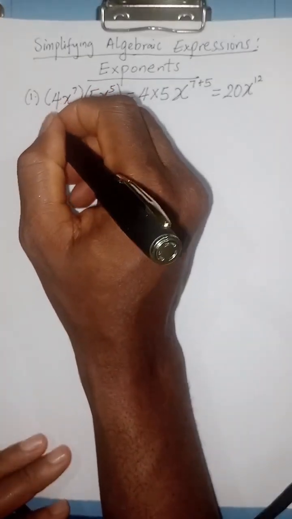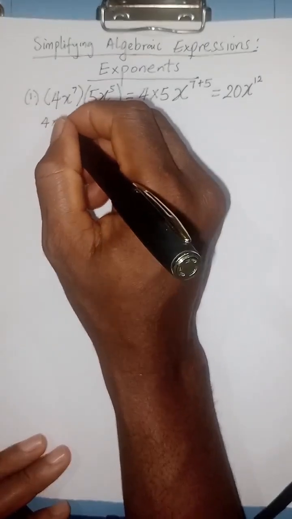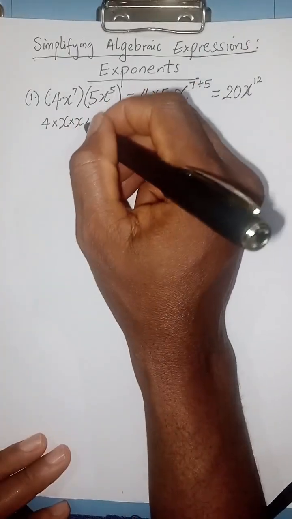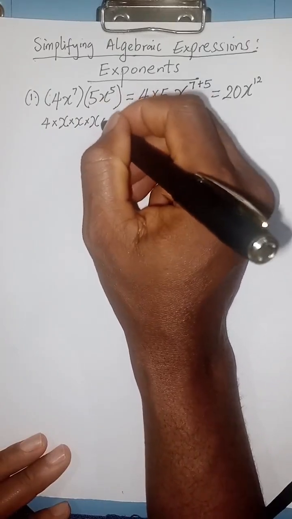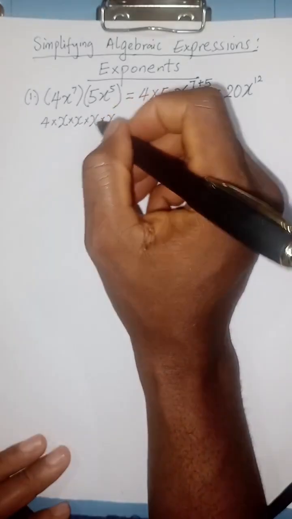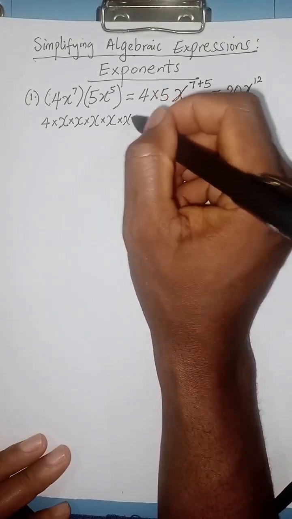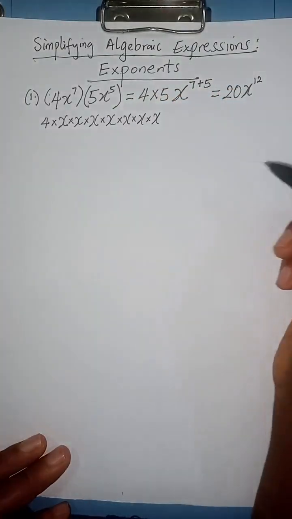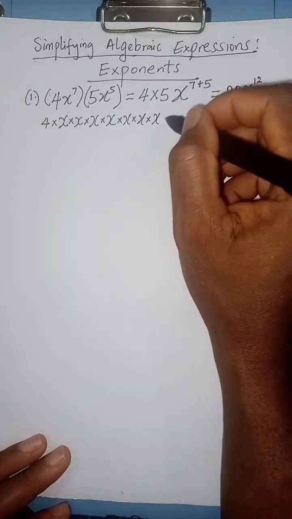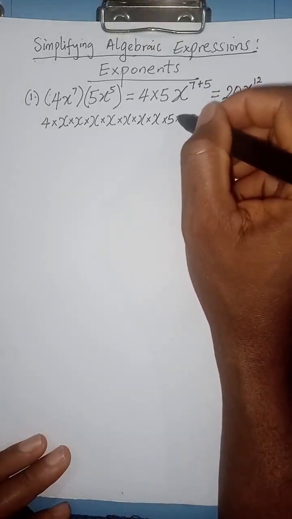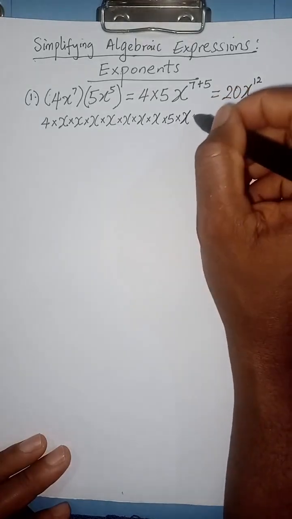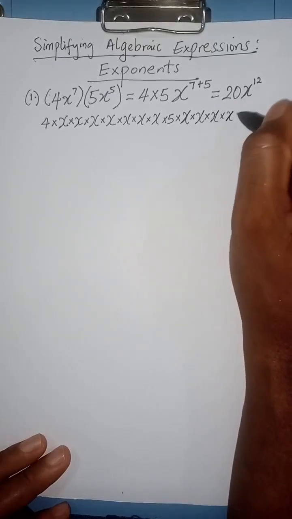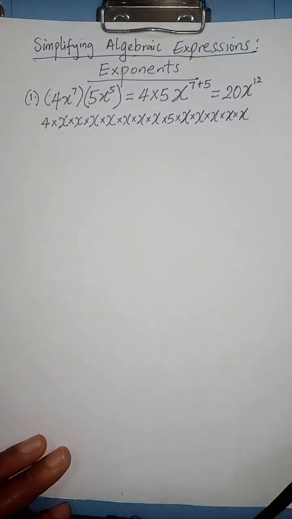It's like saying 4 times x times x times x times x times x times x times x, 7 times, then times 5 times x times x times x times x times x, 5 times.